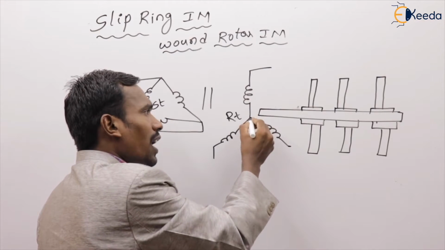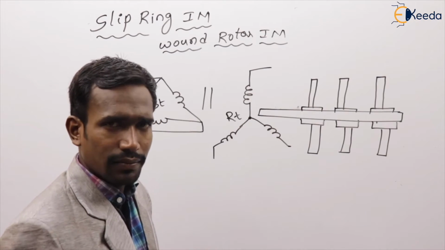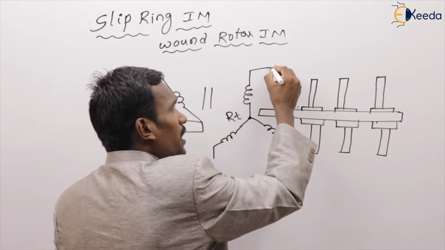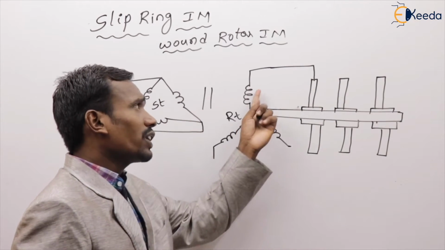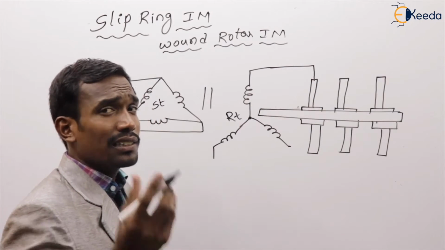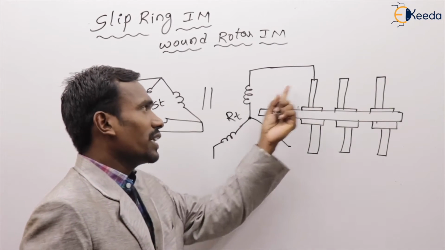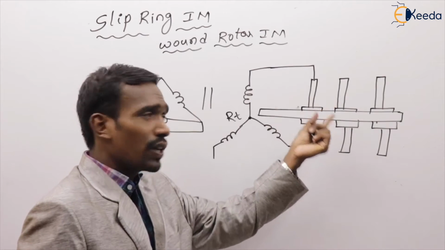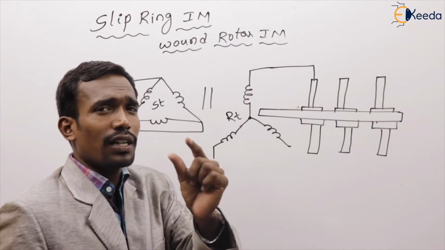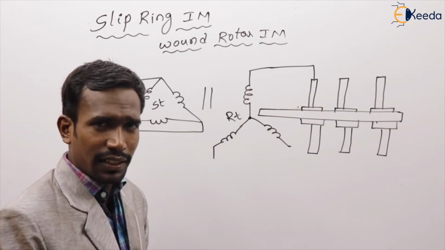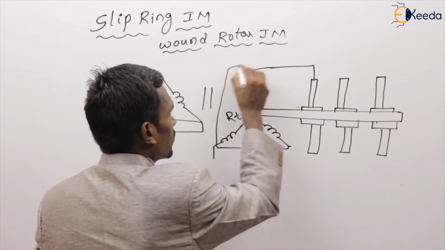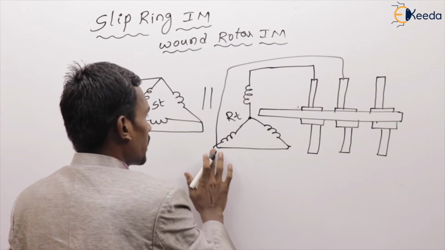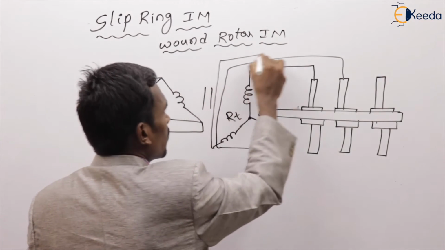Why should the rotor be star connected? Because the rotor terminals have to be connected to the slip rings, so we take the rotor as star connected. For example, here I am taking the slip rings and connecting them like this.